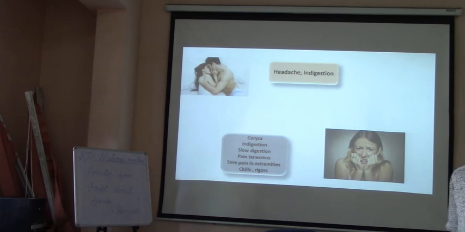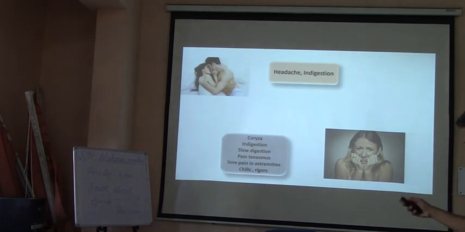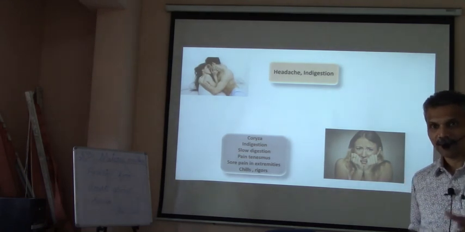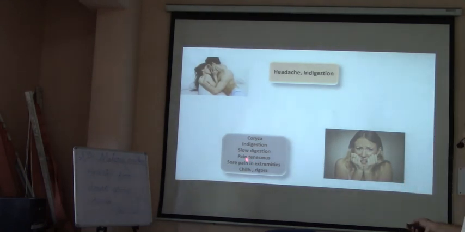Coryza, indigestion, slow digestion, pain in the abdomen when you have the tenesmus. Merc, I'll talk to you about tenesmus in the next class, when I tell you about the characteristic symptoms. I hope you're all very much familiar with the tenesmus, pain tenesmus, sore pain in extremities, chills, rigors.